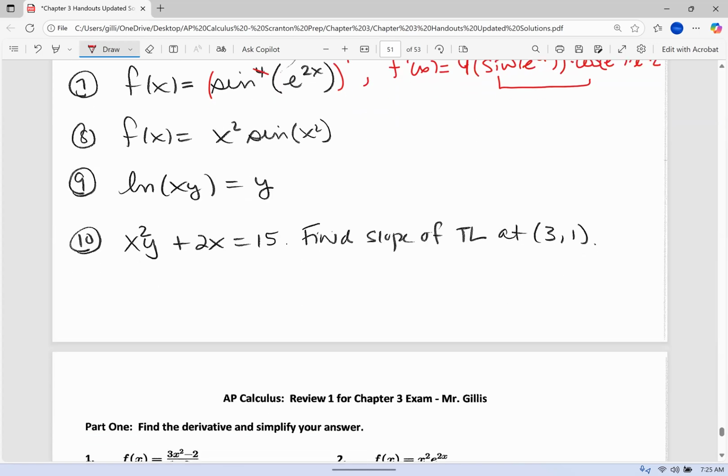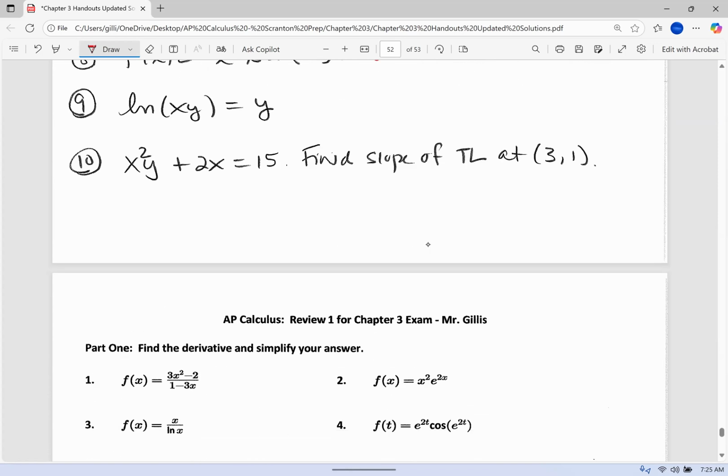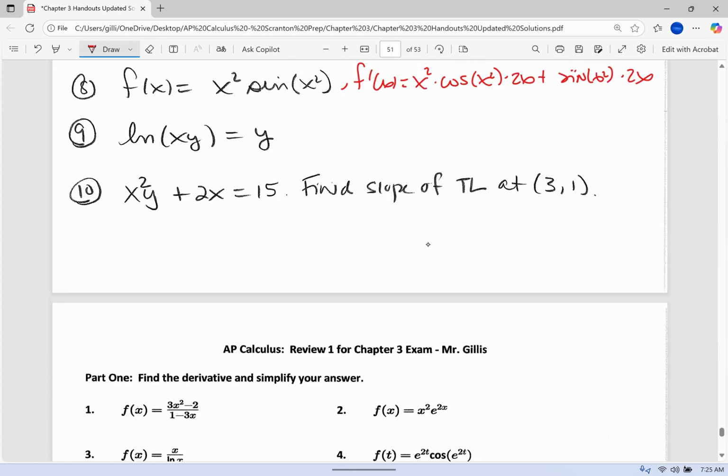And number 8, it's just going to be an easy product rule. It's the first times the derivative of the second plus the second times the derivative of the first. And 2 very important ones on implicit is I'm actually going to rewrite this as ln of x plus ln of y equals y.